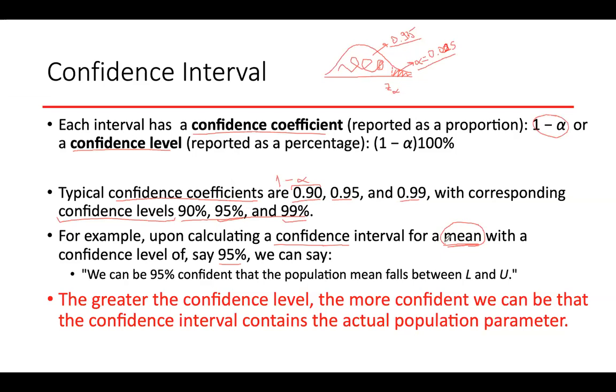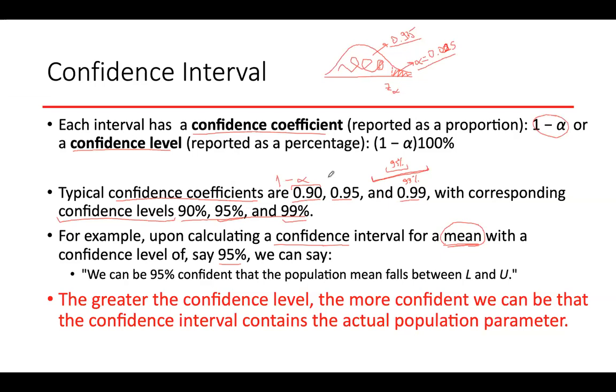Okay? Now my interval is smaller for 95% confidence, but for 99% confidence, my interval is larger. Why? Because I want to be more confident. I should be increasing my interval in that sense.